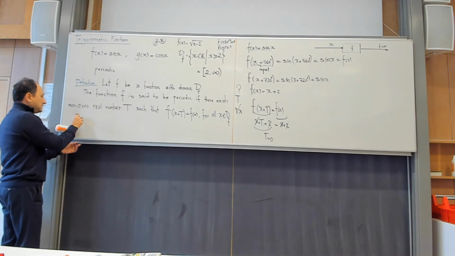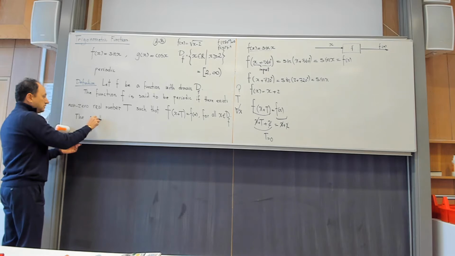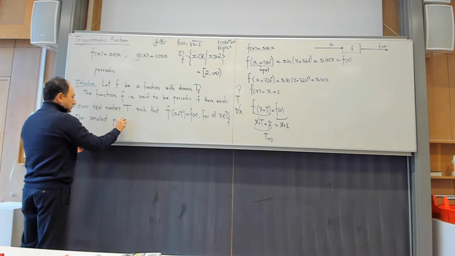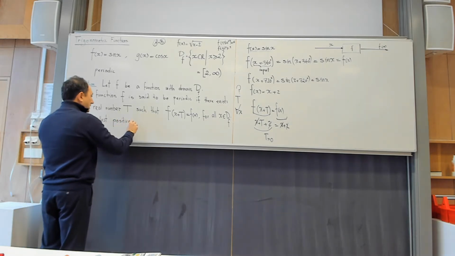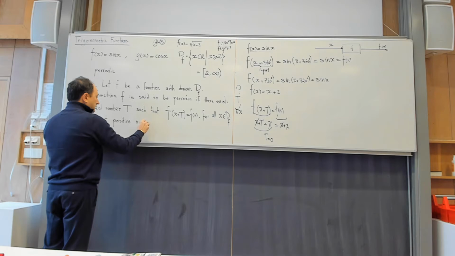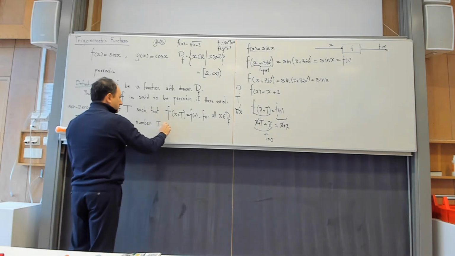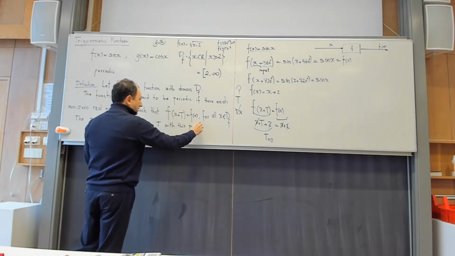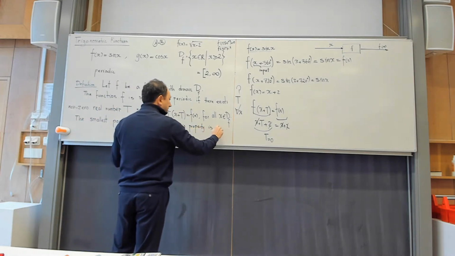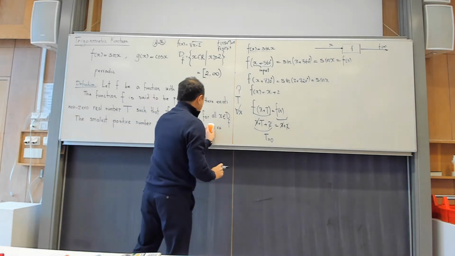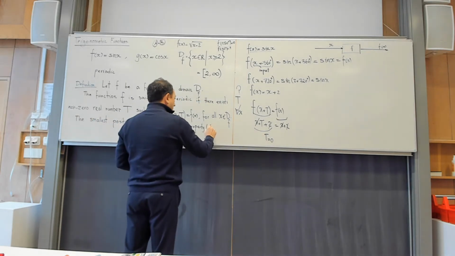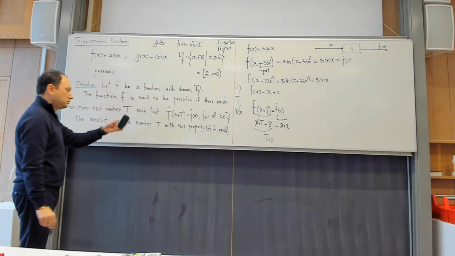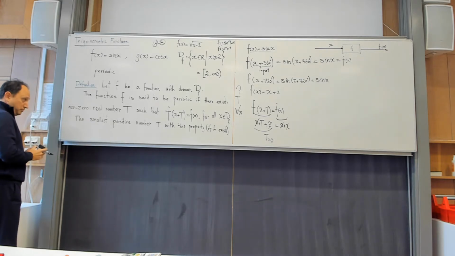The smallest positive number t with this property is called, if it exists, you don't need to be worried about that, but if you want to properly mention it, you have to write it down.